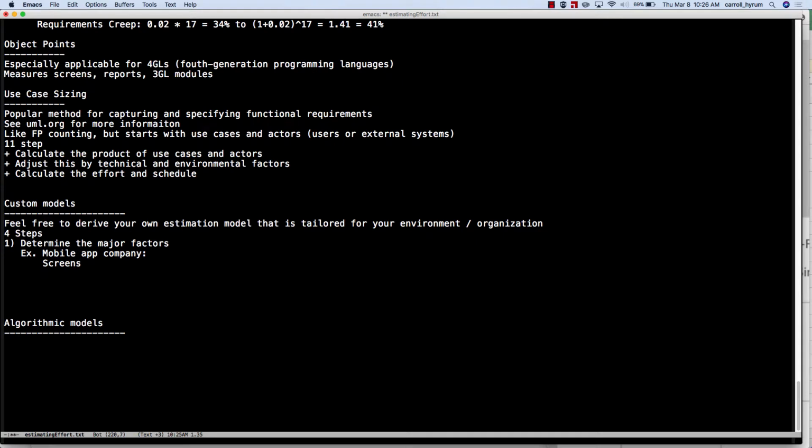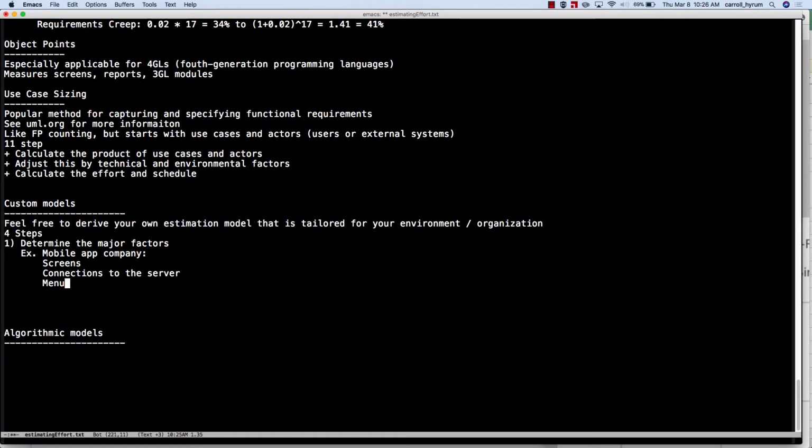Because every new screen has all its intricacies in designing it and getting it right. How many connections to the server? How many times is it going to be going back and forth? Is it bidirectional? How's that going to work? Because that can change your complexity greatly.